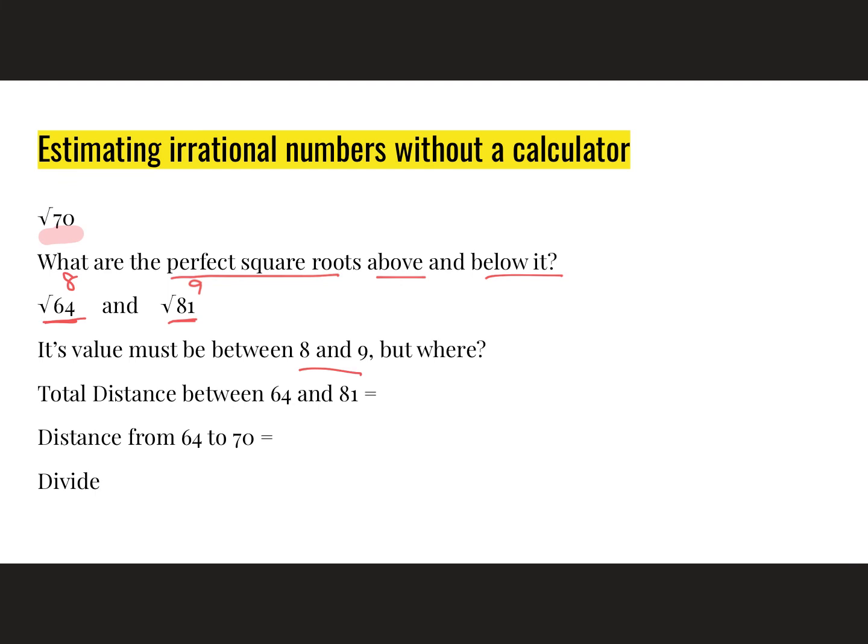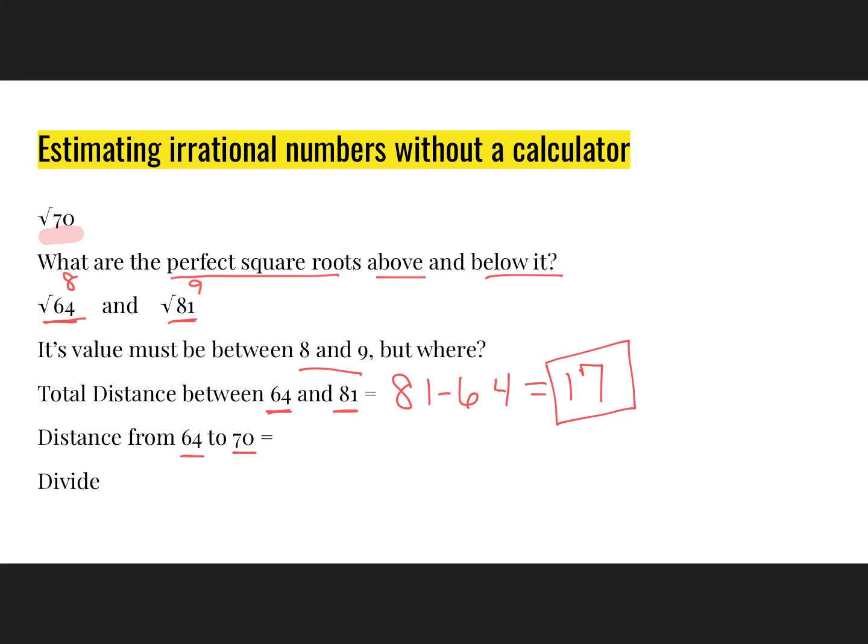So now let's find the total distance between 64 and 81. Well, that's 81 minus 64. When we do that, we find the total distance between these is 17. After you've done that, you're going to find the distance between the lower number and the one you're trying to find. So 64 is my lower number, 70 is the one I'm trying to find.